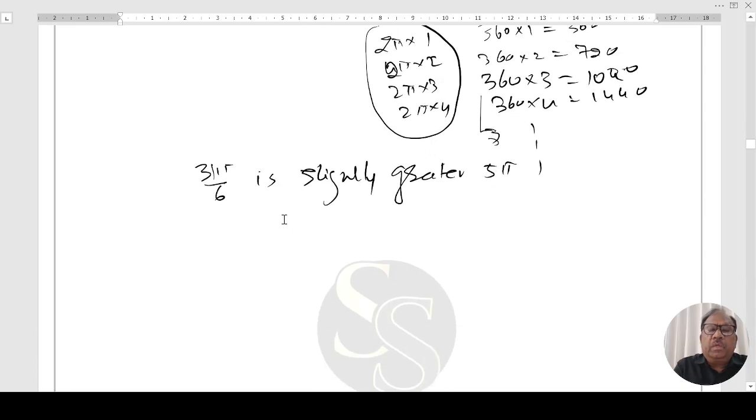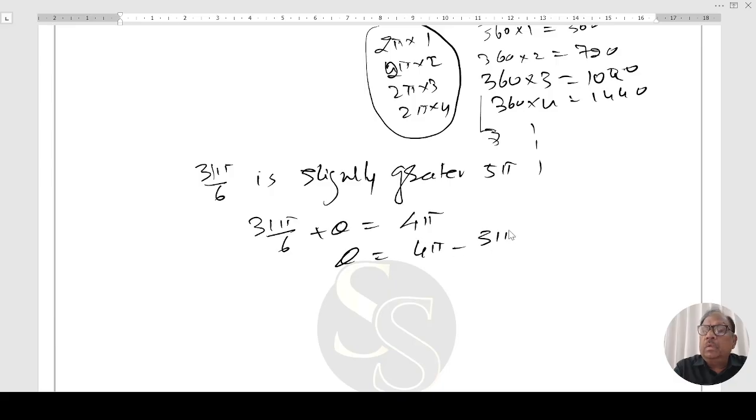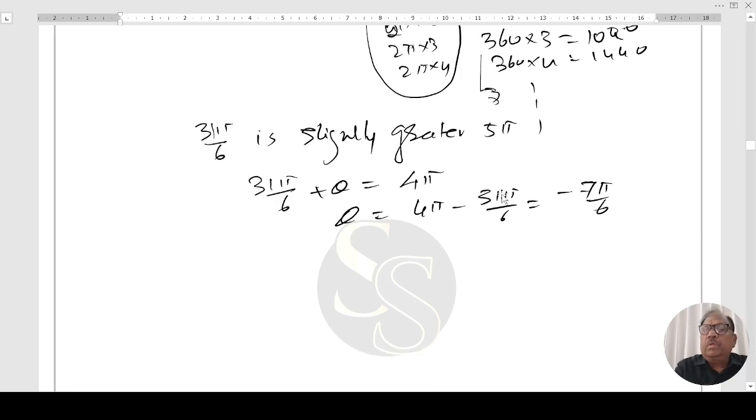So this can be written as 31 pi by 6 plus theta equal to 4 pi. Theta comes out to be 4 pi minus 31 pi by 6. That is minus 7 pi by 6. This theta is 7 pi by 6.